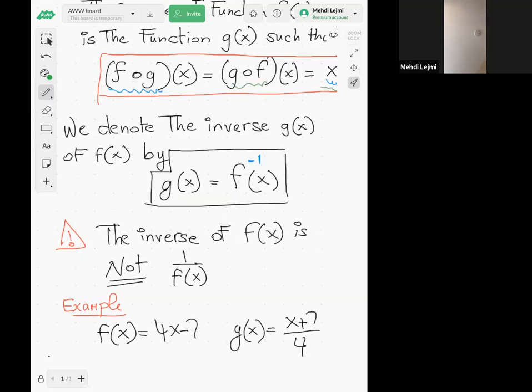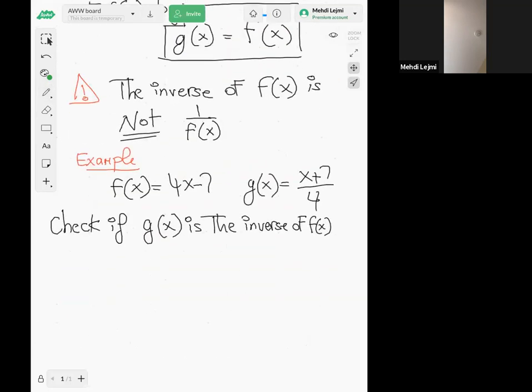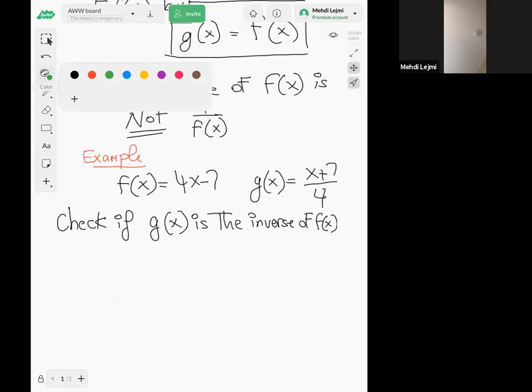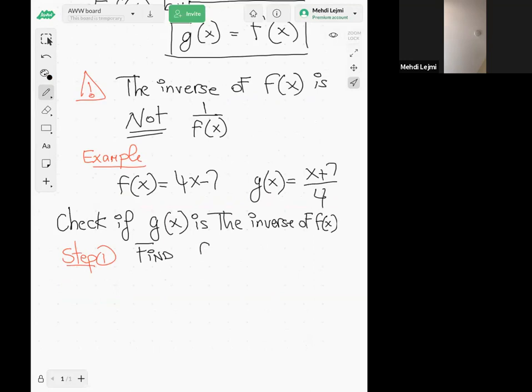So there are two steps. Step one, we have to find f composed with g of x.